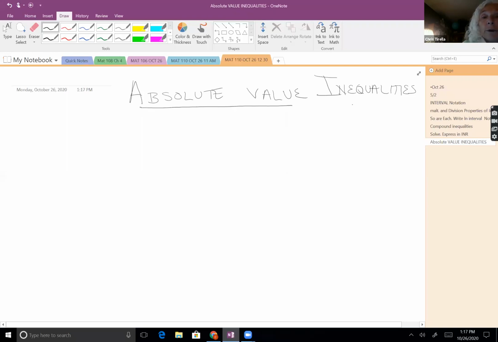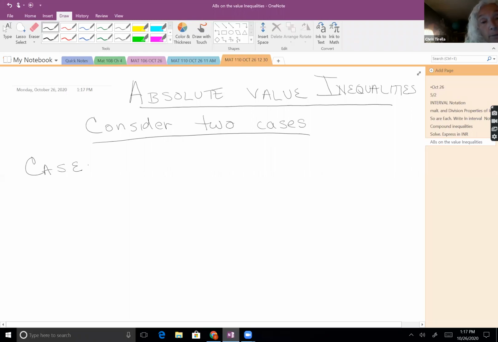And while we look at absolute value inequalities, we have to consider 2 cases. For the first case, let's look at an example. Let's say I know that the absolute value of x has to be less than 3.